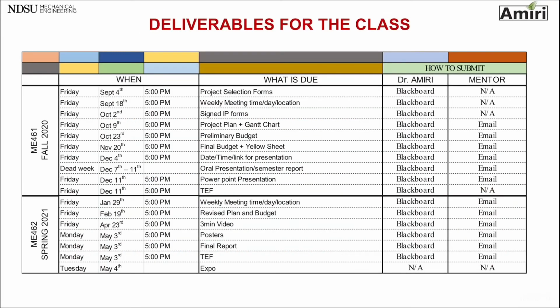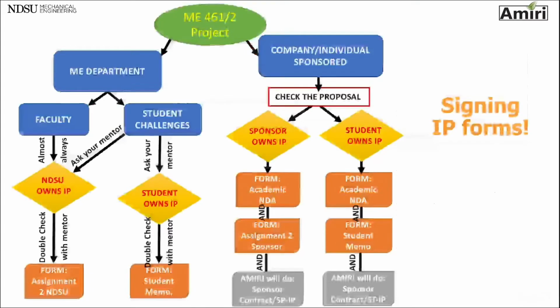So talking about the second deliverable that is due on October 2nd, which is your IP forms. I have sent each of you the forms that you need to sign, but this is just an overview to give you what forms are for which project.